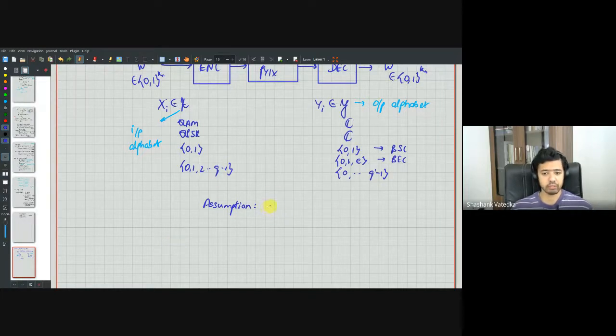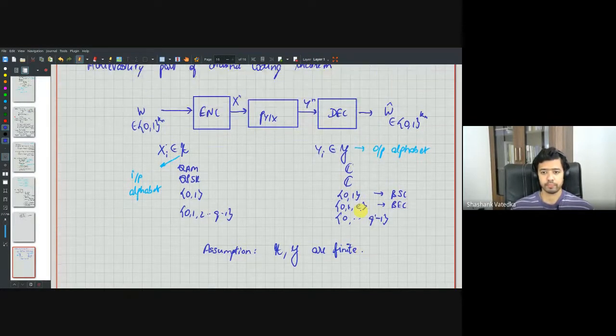For infinite alphabets, it doesn't really make so much sense. So the alphabets are finite. This is the assumption. So p(y|x) could be depending on the channel.